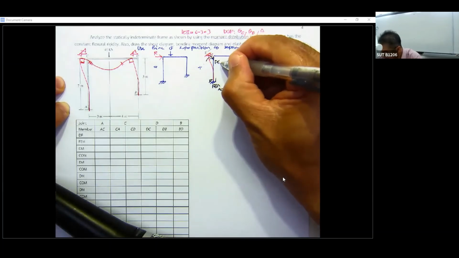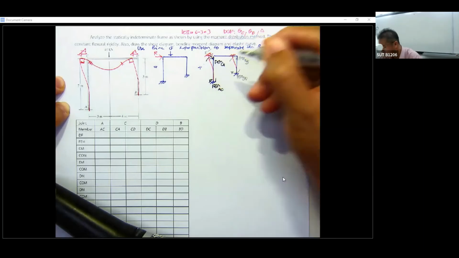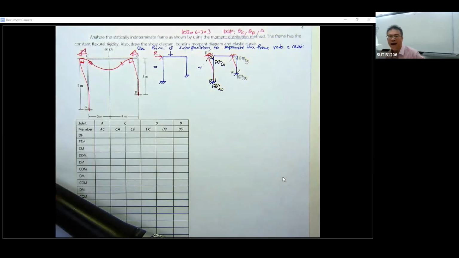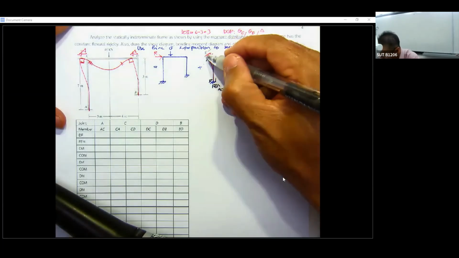That is the main point. This problem is different from the previous problem and similar to the first one in the PowerPoint. Now, by doing this, your force is this.